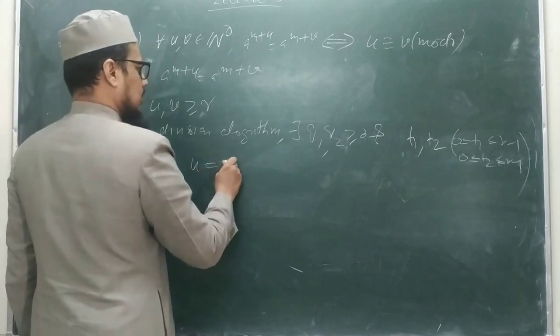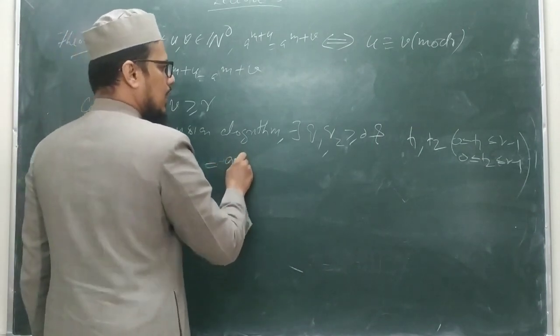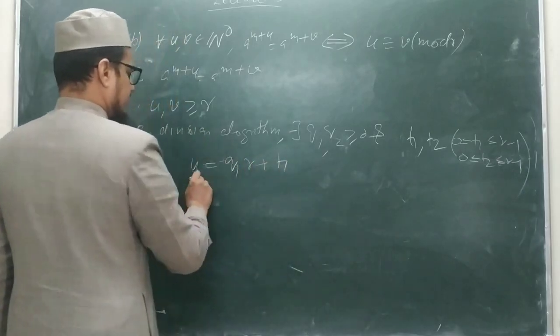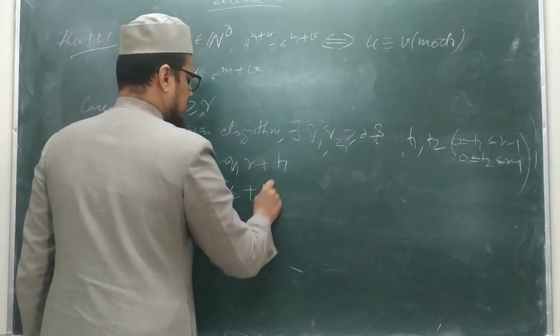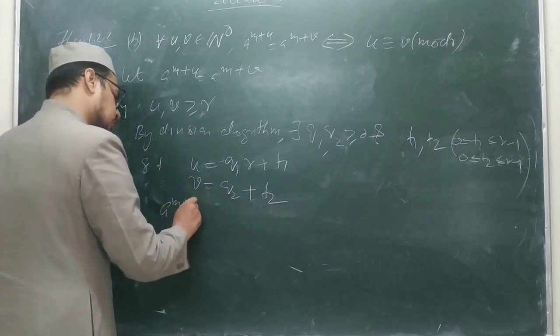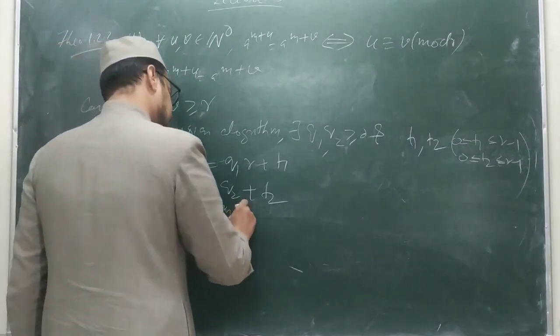u is equal to q1 r plus t1, and v is equal to q2 r plus t2. These things we have. Okay, now a^(m+u) is equal to a^(m+v).